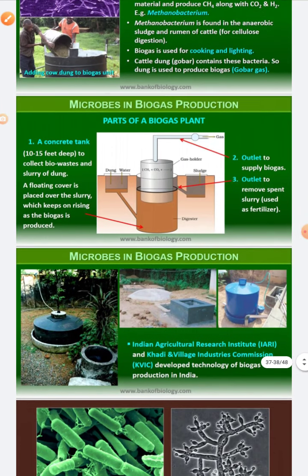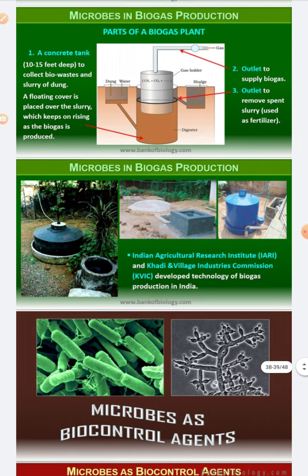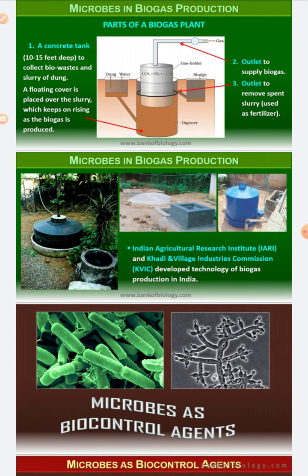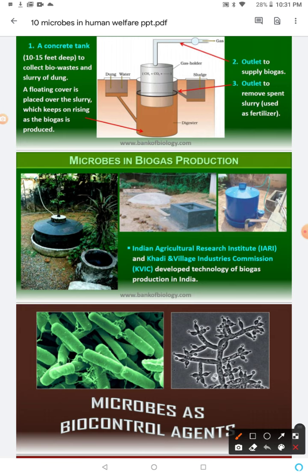In biogas production, a concrete tank 10 to 15 feet deep is used, which collects the bio-waste and slurry of dung. A floating cover is placed over the slurry, which keeps on rising as the biogas is produced.